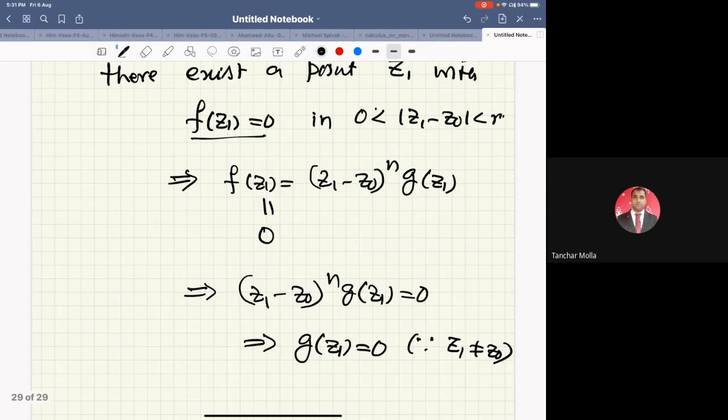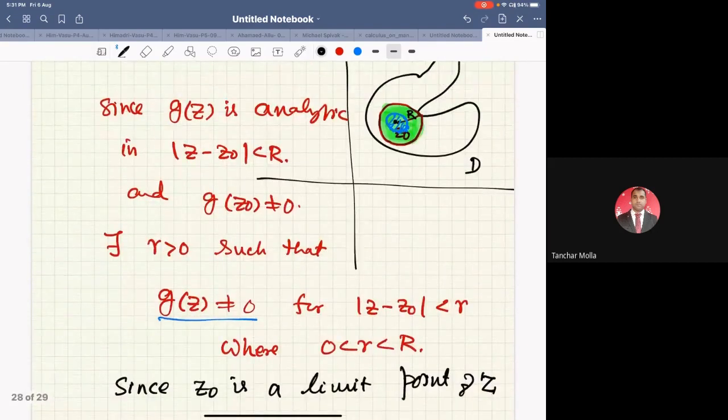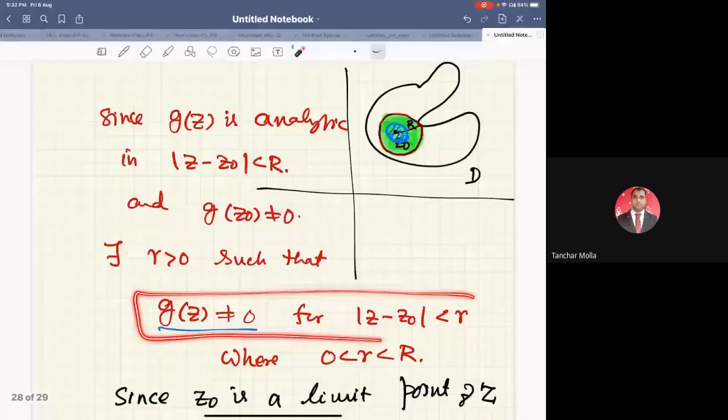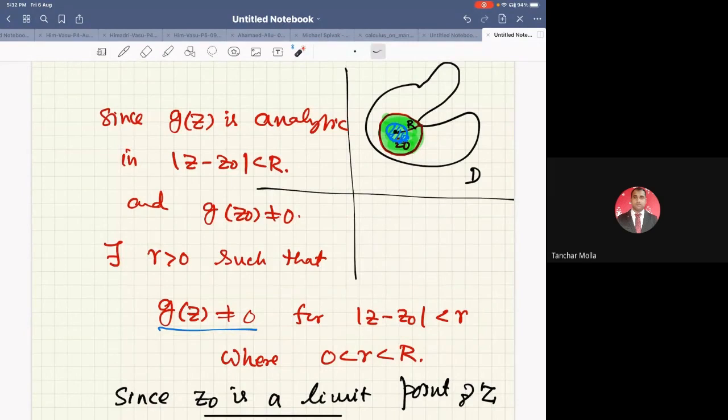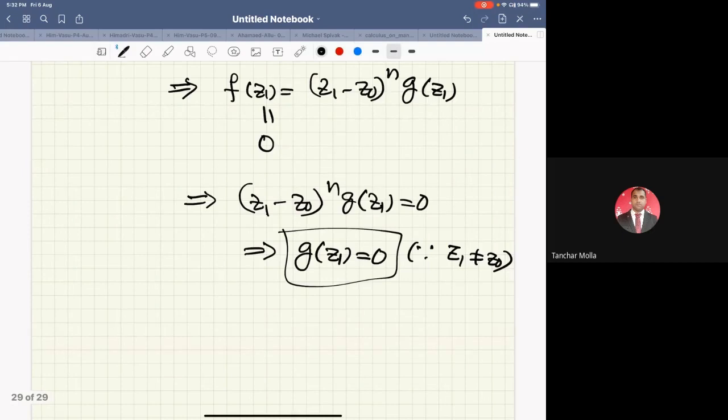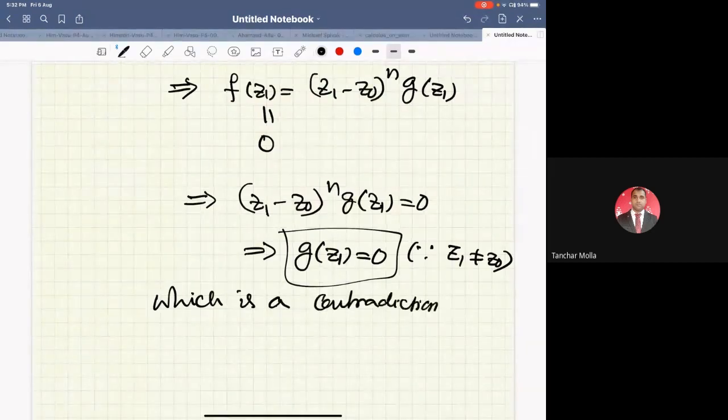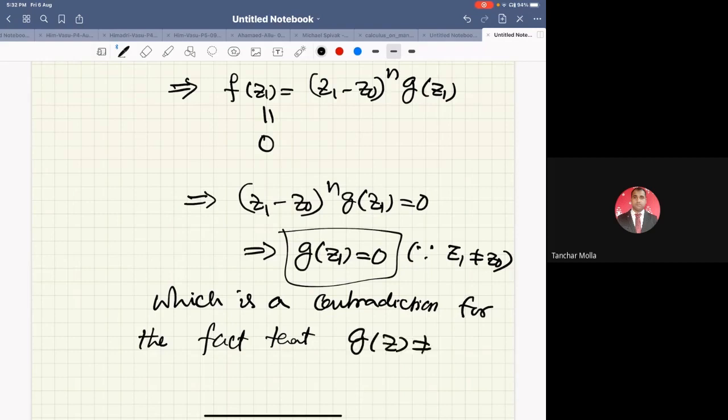So where does it happen? It happens in this neighborhood where mod Z minus Z0 less than R. But we have g of Z not equals to 0 for mod Z minus Z0 less than R. So this is a contradiction, a contradiction to the fact that g of Z not equals to 0 in mod Z minus Z0 less than R. Why did we get such a contradiction?